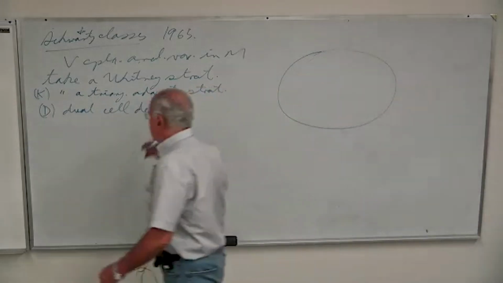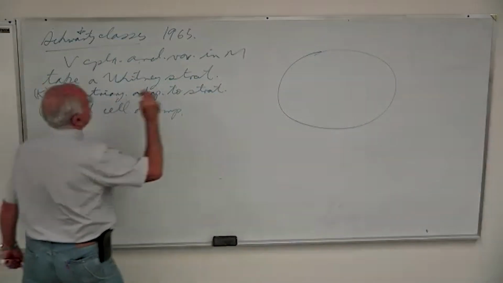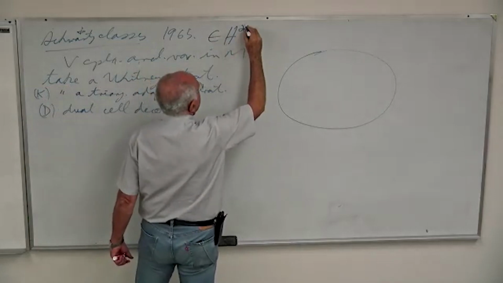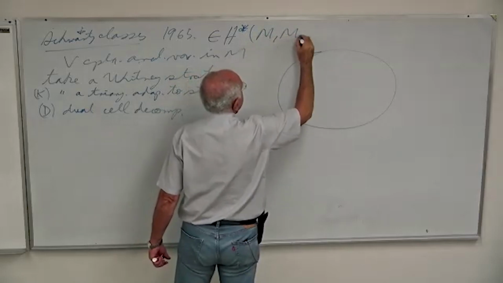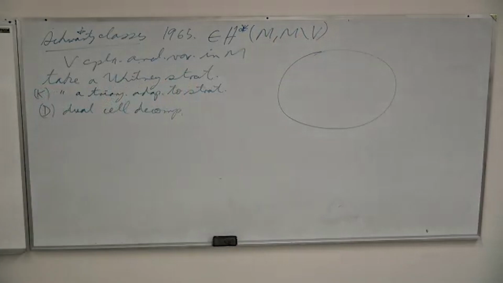So you do the same, but what you get are the Schwartz classes as elements in H star of M relative to V. Let me explain what is the idea.